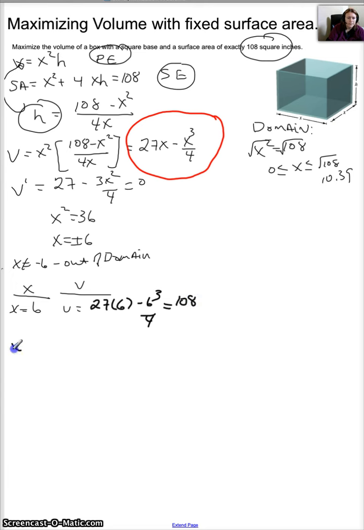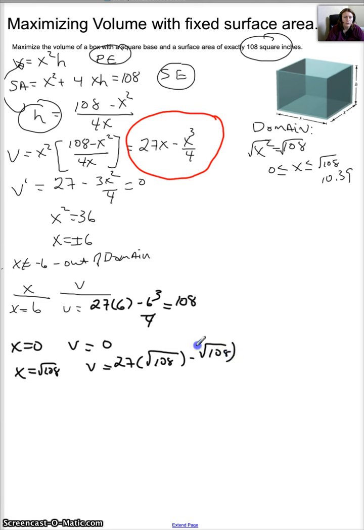Now, let's look at x equals 0. At x equals 0, the volume is 0, that's easy. When x is the square root of 108, the volume is 27 times the square root of 108 minus the square root of 108 cubed divided by 4.